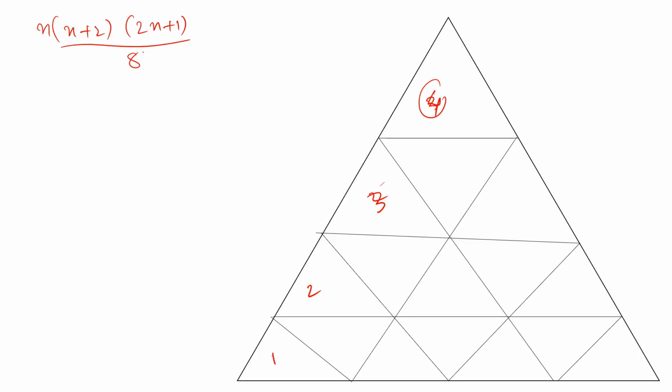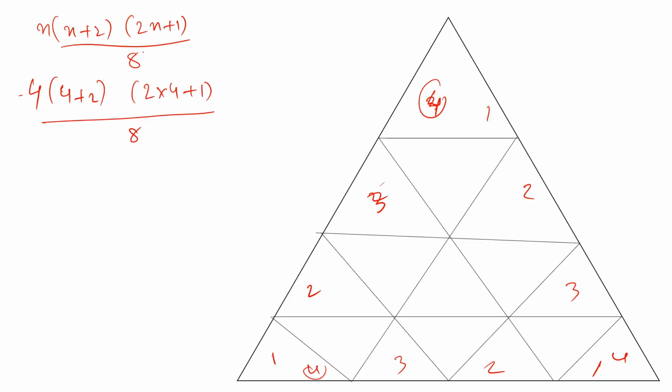And if we count this side also 1, 2, 3, 4, and this side also 1, 2, 3, 4. So n will be 4. 4 multiplied by 4 plus 2, multiplied by 2 times 4 plus 1, divided by 8, is equal to 4 multiplied by 6 multiplied by 9, divided by 8.